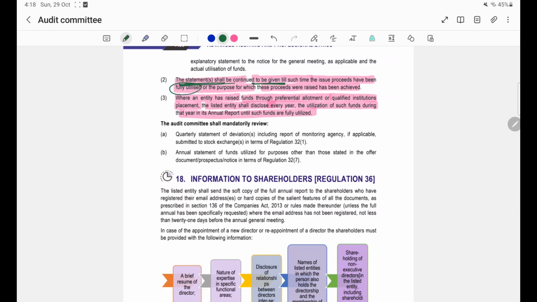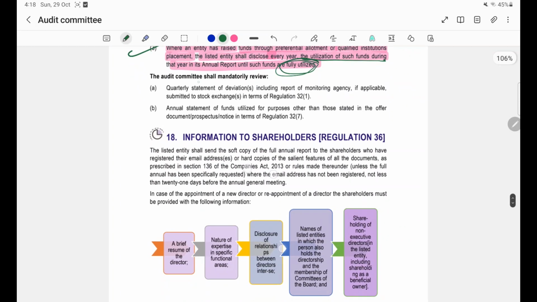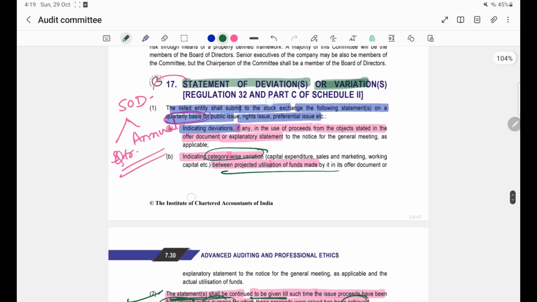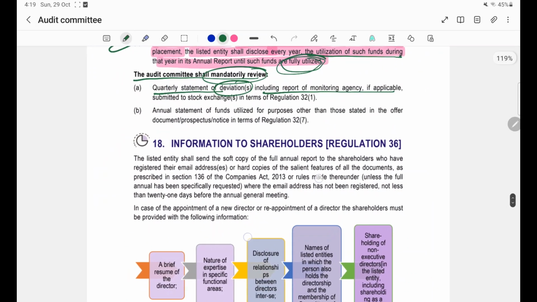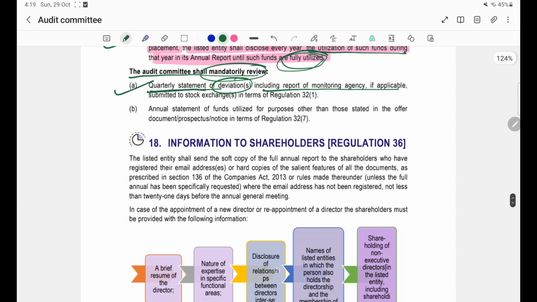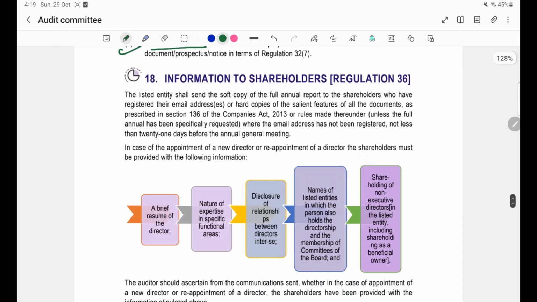When fully utilized or purpose is achieved. In third point also, till when? Till the utilization is fully utilized. Now audit committee shall mandatorily review quarterly statement of deviations, including report of monitoring agency. See, here also I told you SOD, there is two. There is quarterly statement and annual statement. Now here also there is given quarterly statement, then there is given annual statement.